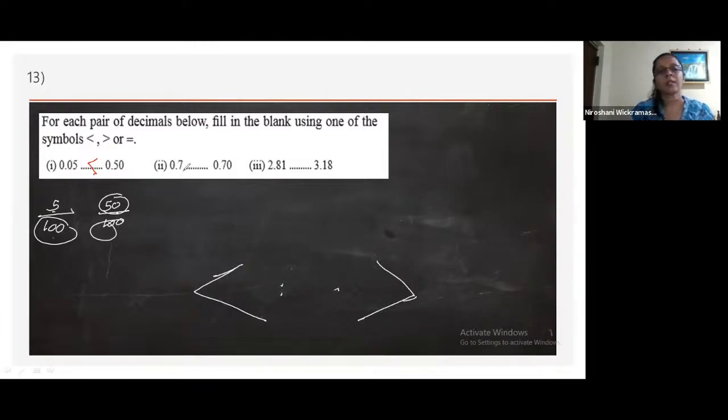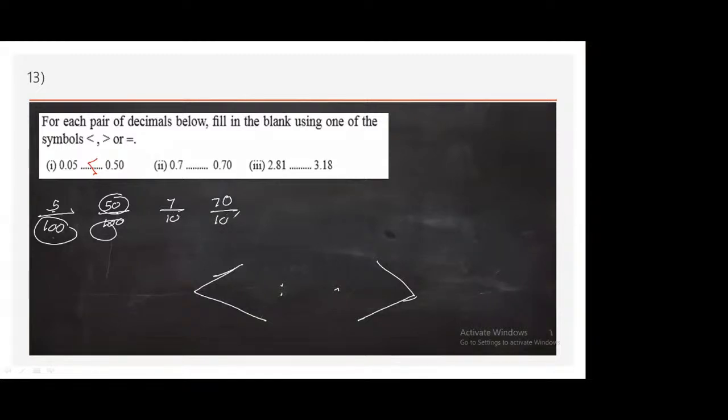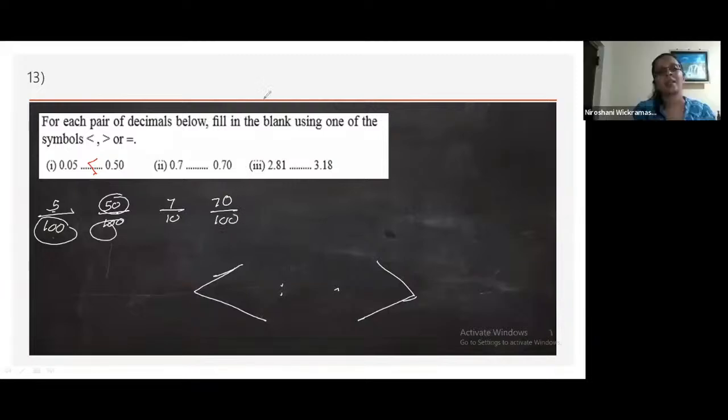Right, now look at this: 0.7 and 0.70. I will write and show you. 1 decimal is over 10, and here it is 70 over 100. Really, we want to make the denominators equal now.